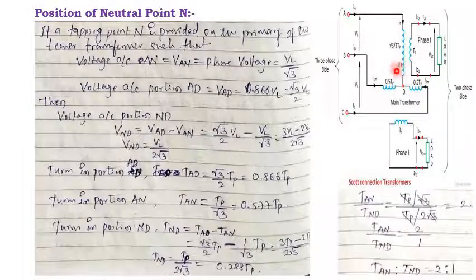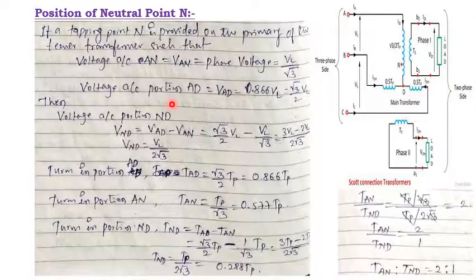So here I consider the position of the neutral point. The voltage across A to N is represented as the phase voltage, obviously. This is in case of the star connection, where the voltage between any line and the neutral point is the phase voltage. The magnitude of the phase voltage is VL divided by √3.